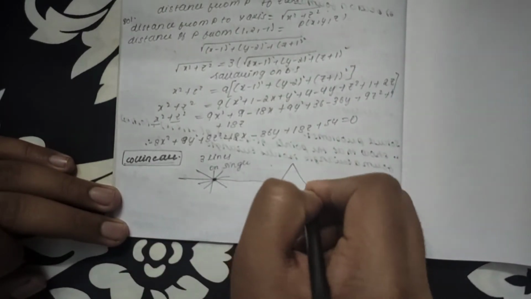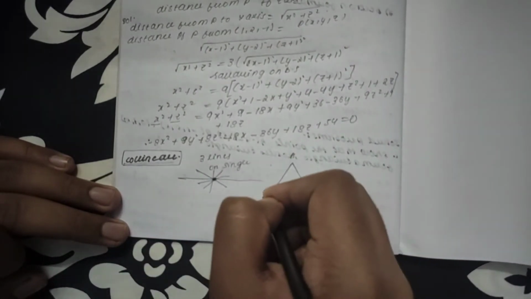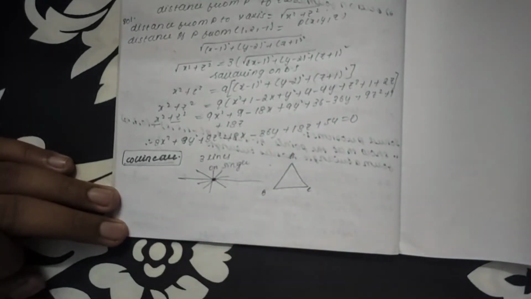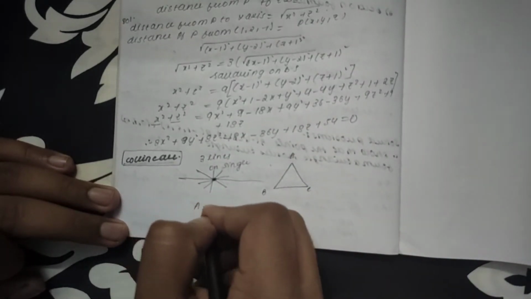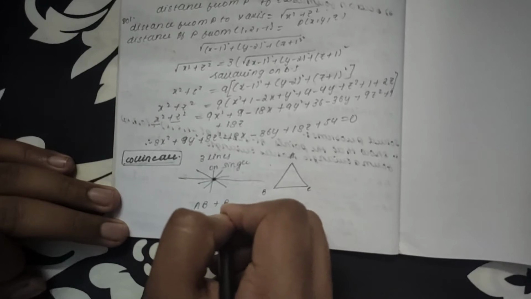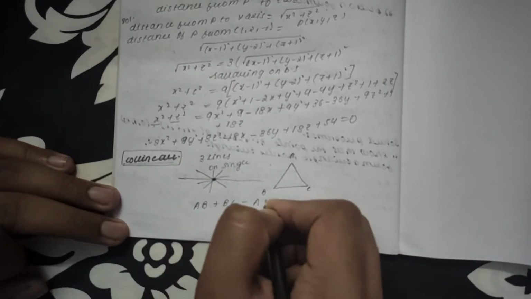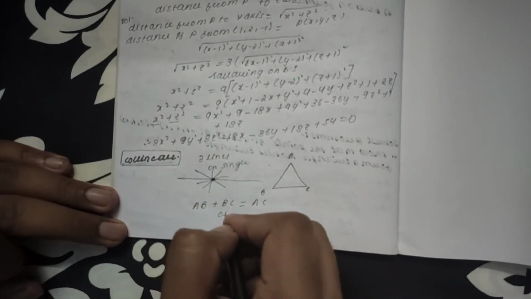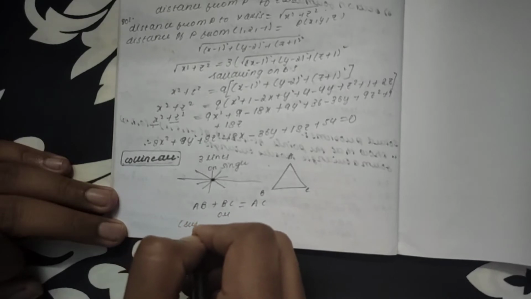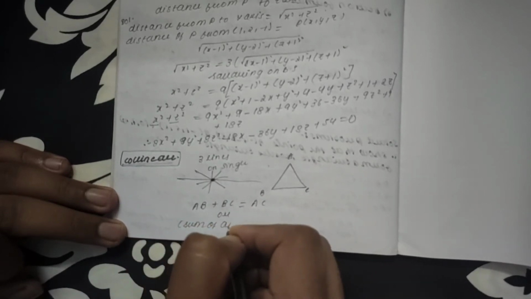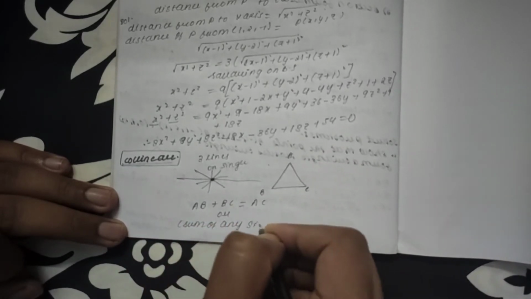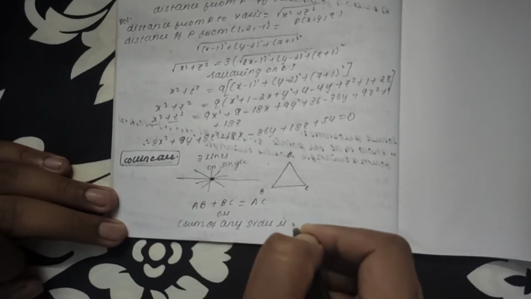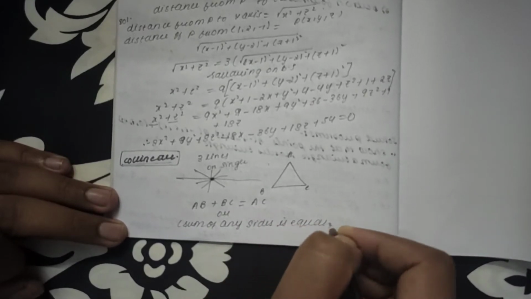If a triangle ABC is said to be collinear, the condition for that is AB plus BC is equal to AC, or the sum of any two sides is equal to the third side.